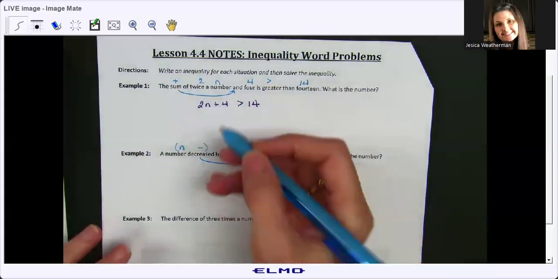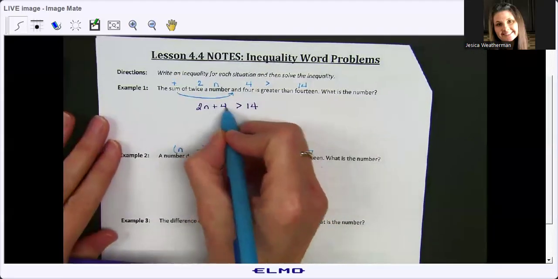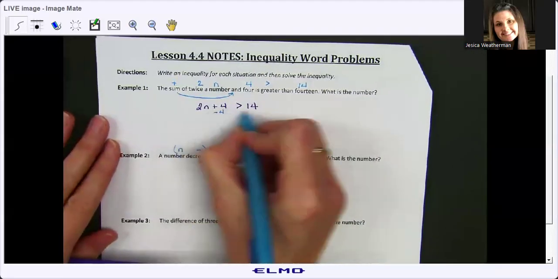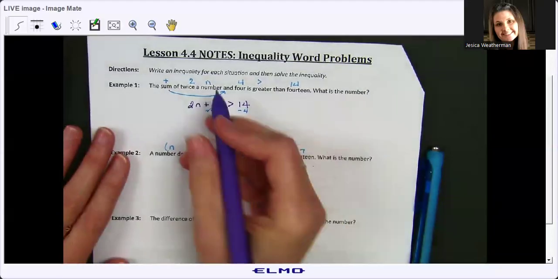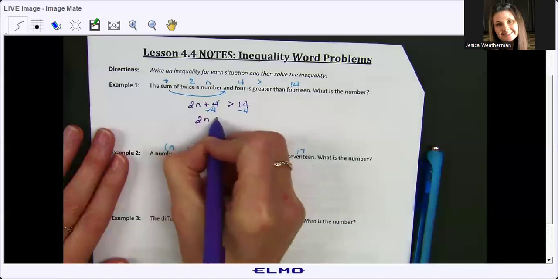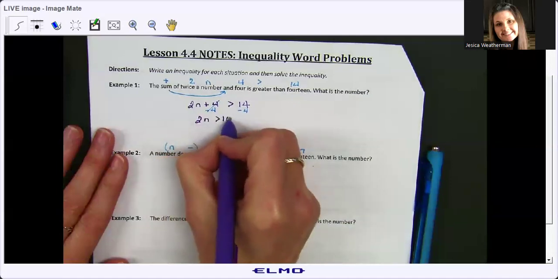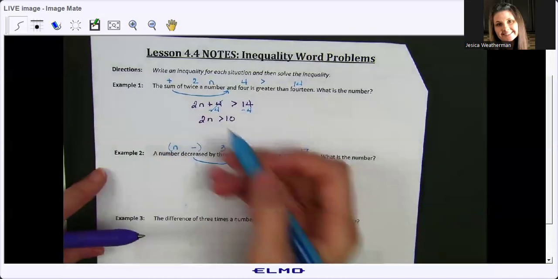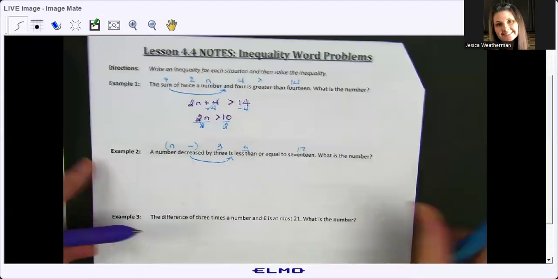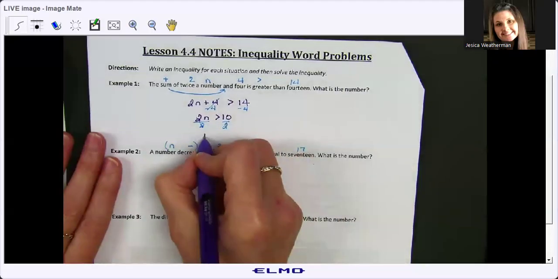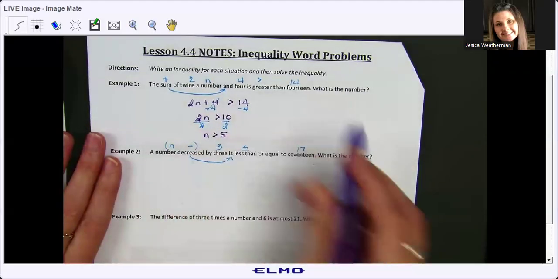So I'm going to undo my addition of 4, and I'm going to subtract 4 on both sides. And I end up with 2n is greater than 10. And then I divide both sides by 2. And I get n is greater than 5.